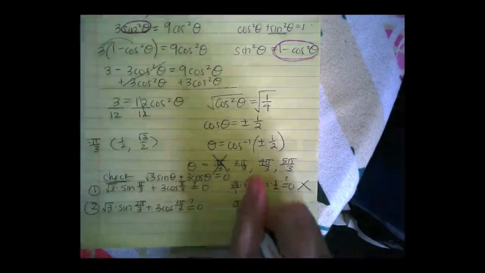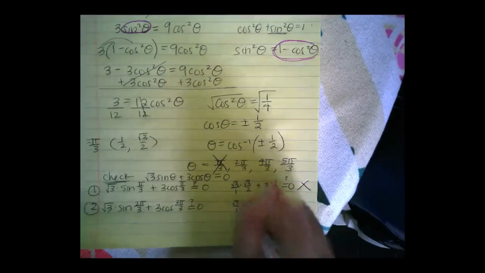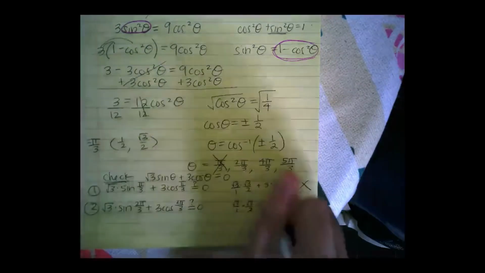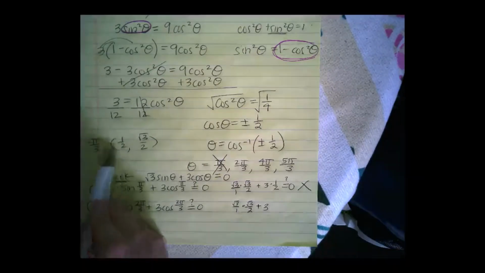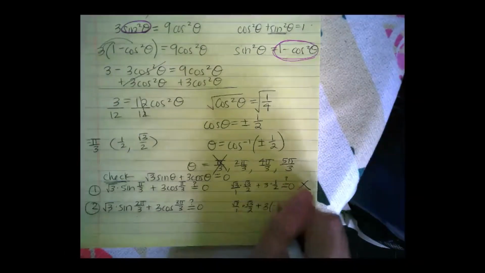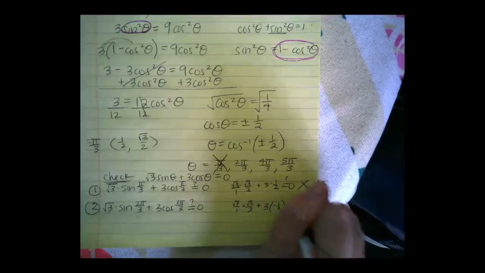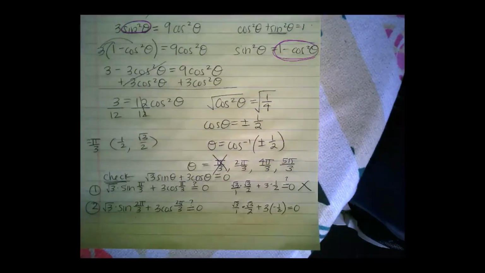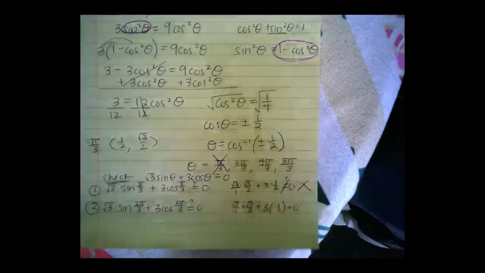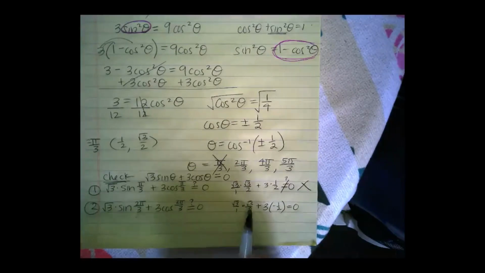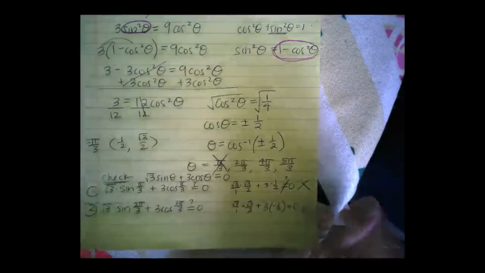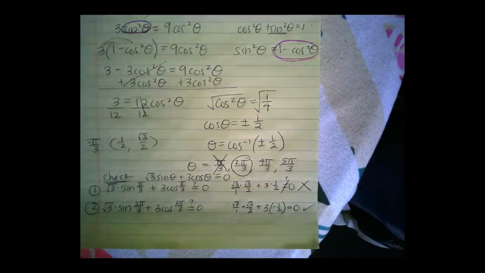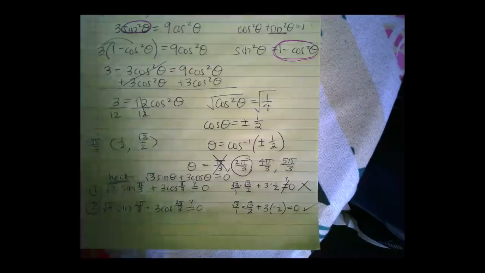The y coordinate is still positive, plus 3 times the cosine of 2 pi over 3. Well, if we've moved into quadrant 2, this is a negative 1/2. Does that equal 0? Square root of 3 times square root of 3 over 2 is 3/2 plus negative 3/2. 3/2 minus 3/2 is equal to 0. Bingo! We've got a solution.